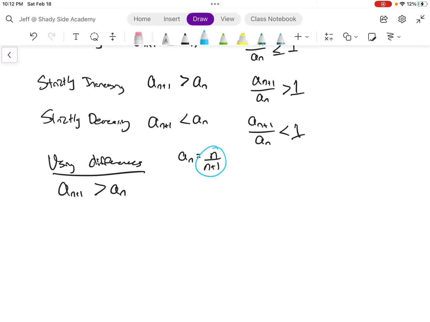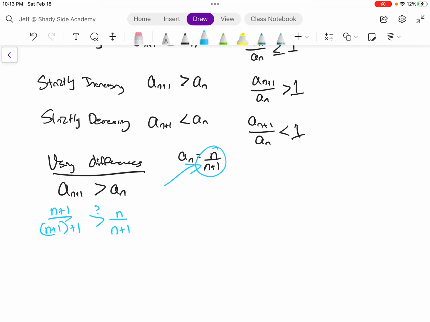So we would have n over n plus 1 on this side. And then, we're really saying, is this greater than, right? Is this greater than? What are we going to have over here? We're going to have the n plus first term. So that's n plus 1 over n plus 1 plus 1, right? Because we're just plugging n plus 1 in up here in for n, right?